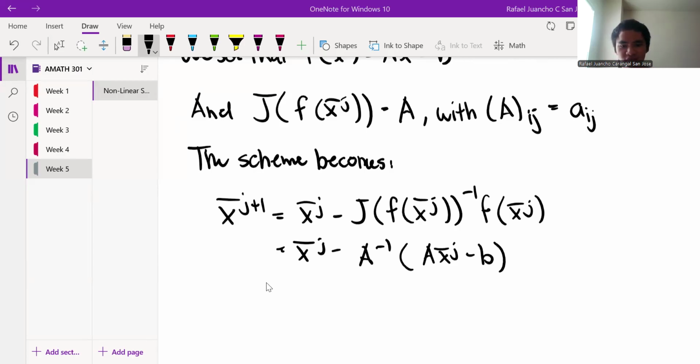And then I think if we simplify it even further, let me see. If we multiply its inverse by its own matrix, is this?